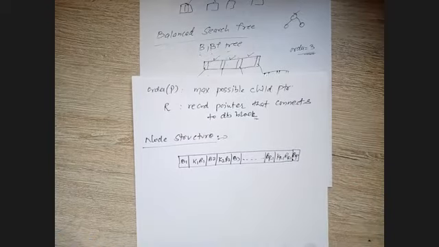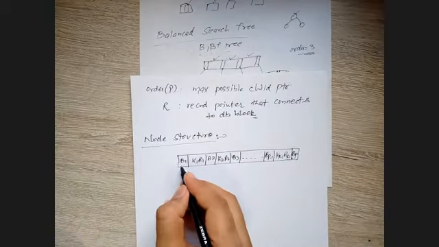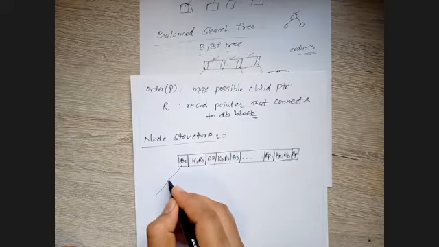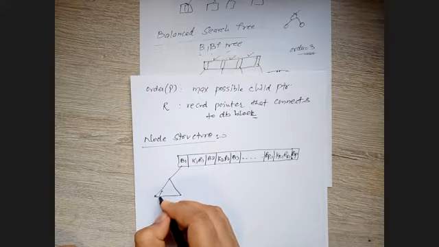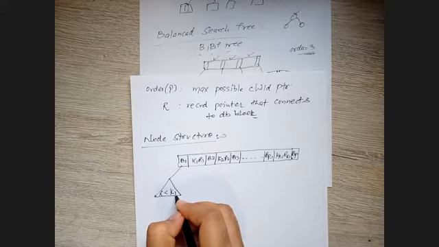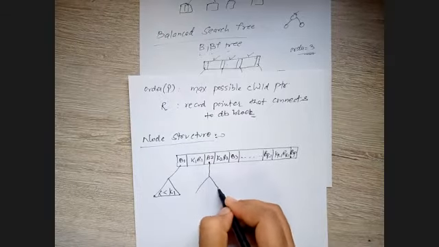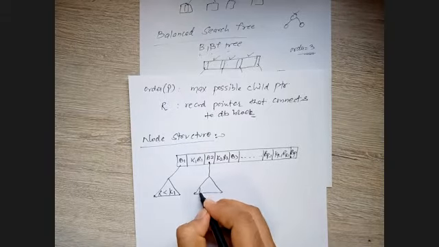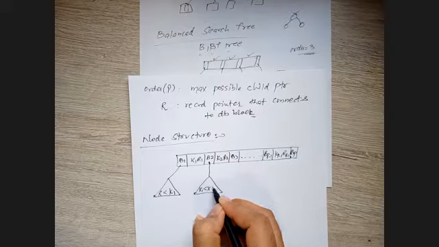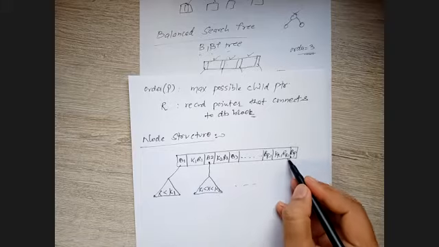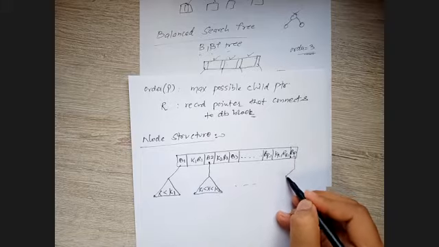This is the node structure. All the values here, x, will be less than k1, and so on.